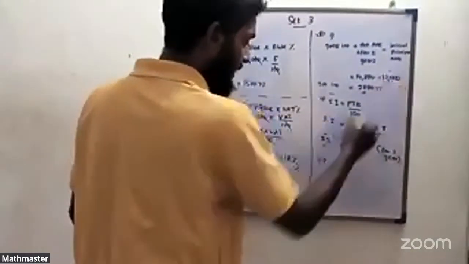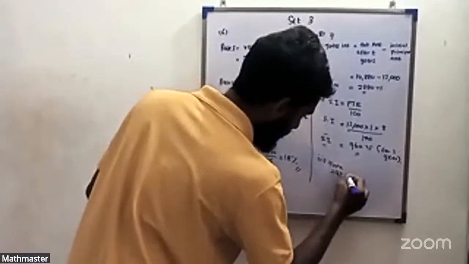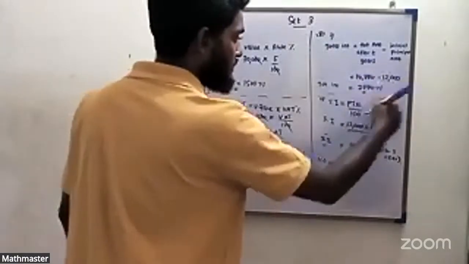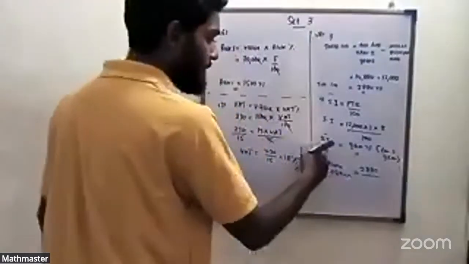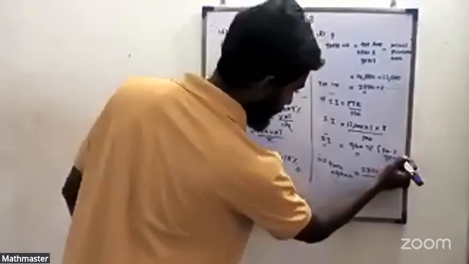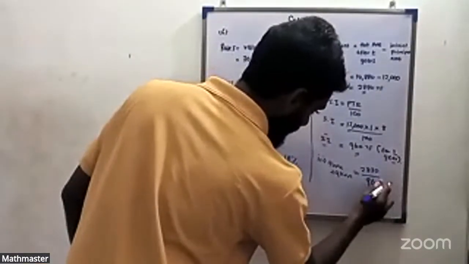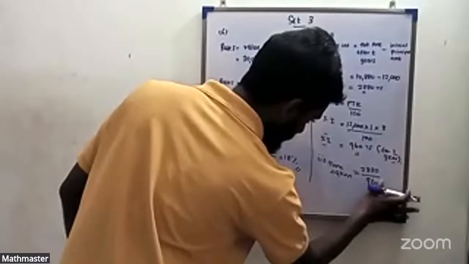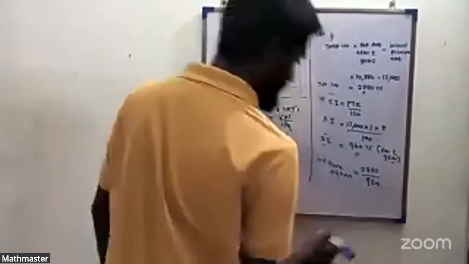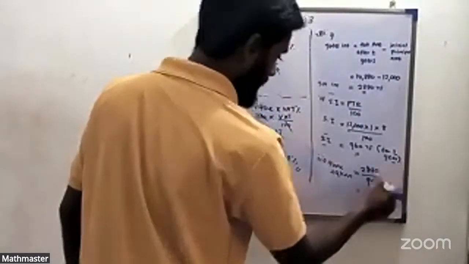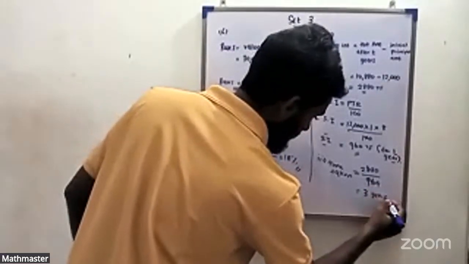So we can find the total time taken by dividing the total interest that he had paid, 2,880, by the simple interest for 1 year, which is 960. When you divide this, you get 3 years. The answer is 3 years.